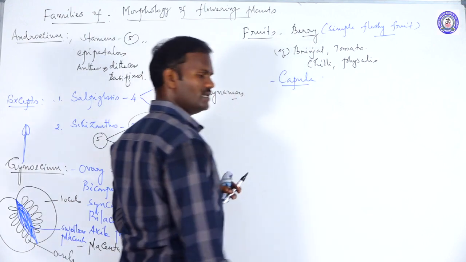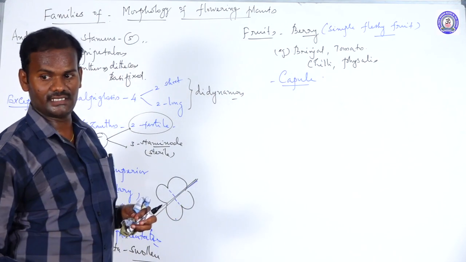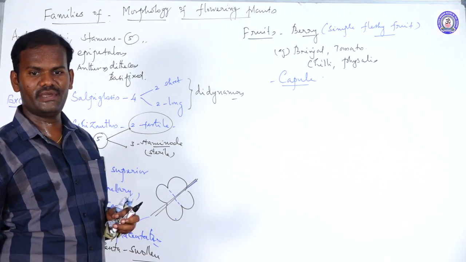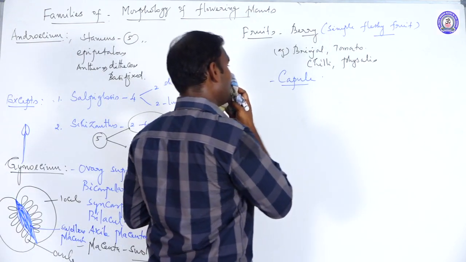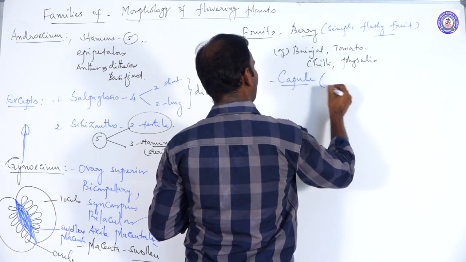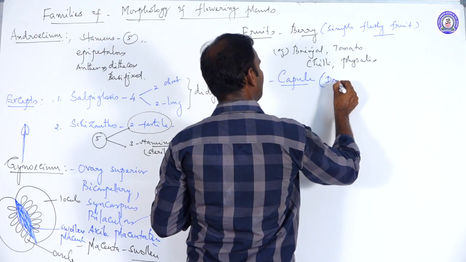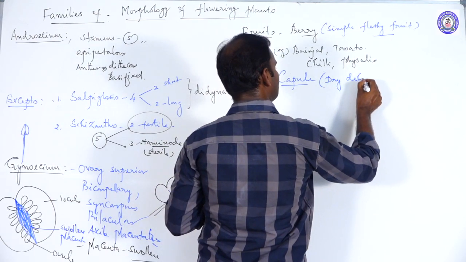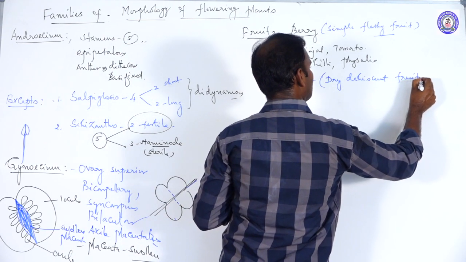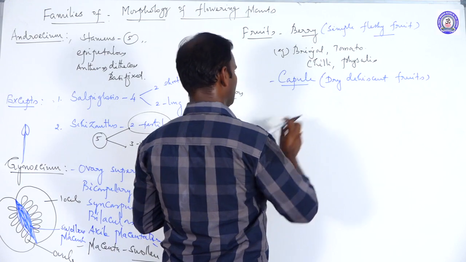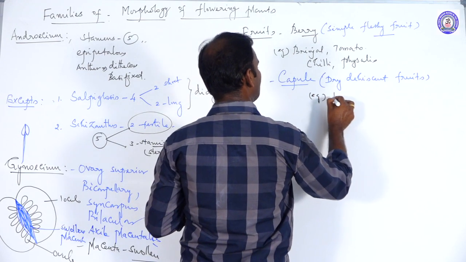The pericarp is dry. They split open at maturity to liberate the seeds. For example, Datura. So it is called a dry dehiscent fruit. Dry dehiscent fruit, example Datura.